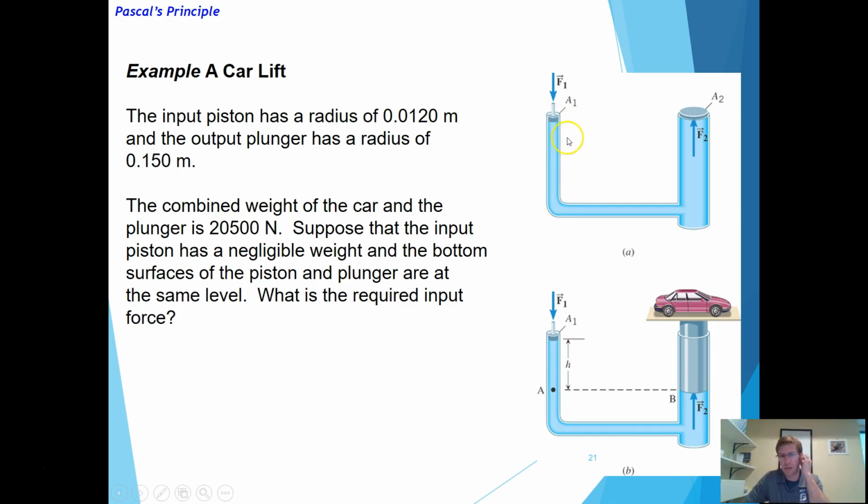All right, so here's this car lift you're going to use. You're going to apply force F1 onto cross-sectional area A1. You're given the radius of the input piston here, and that's going to generate a force that's trying to lift the car over here at A2, which is given by this radius of that piston there. And what you're told is that the car and the plunger that it sits on together have a total weight of 20,500 newtons.